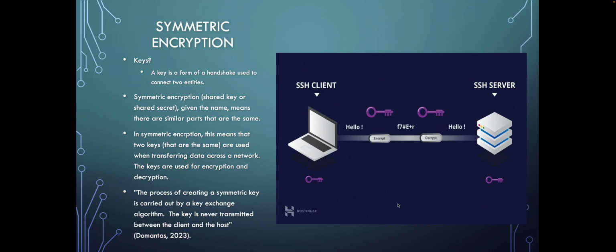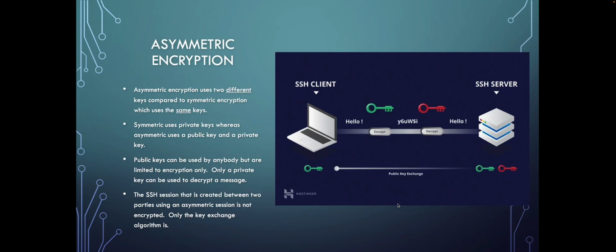So that's symmetric keys. To recap, it's important that you're using a pair of the same keys. Those keys are not different. As you see here, I'm saying hello, it's encrypted, which again helps against a man in the middle, and then when it gets to the server, it's decrypted by the same key that was established for this connection.